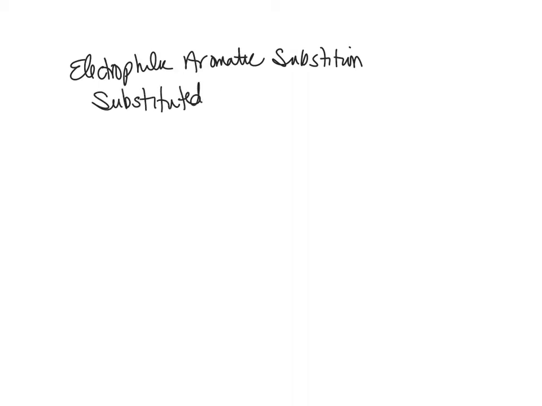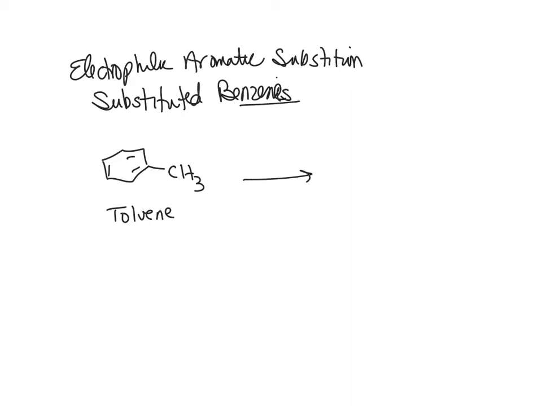So we want to do the same reactions that we did in the previous lecture, but now we're doing substituted benzene. So before, benzene was the starting material. Now what if we had toluene? If you want to do nitration of toluene, what are our reagents?